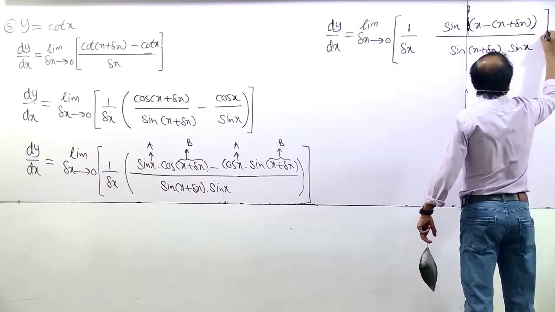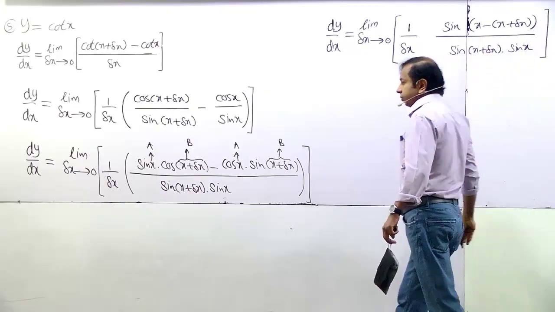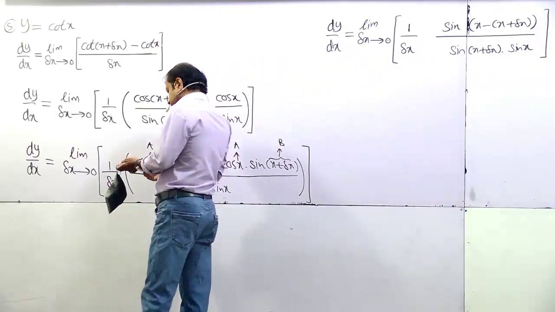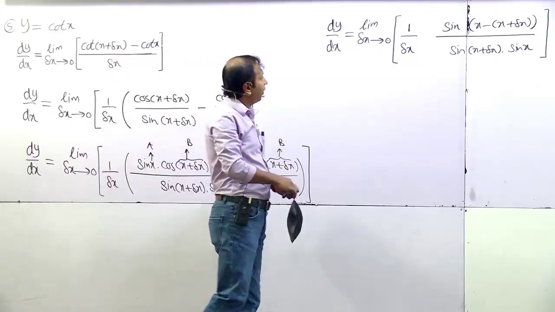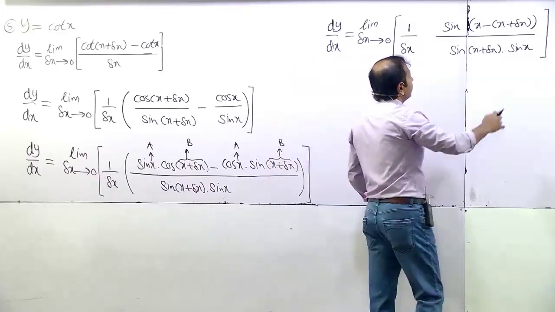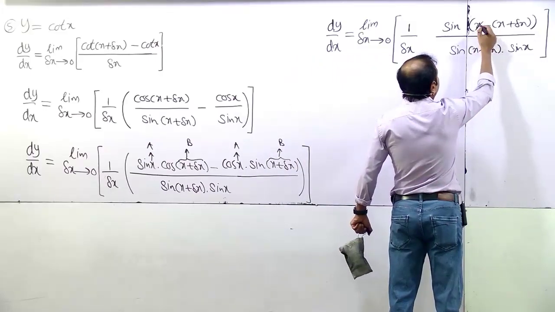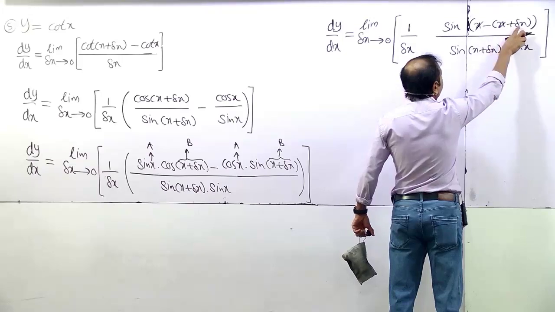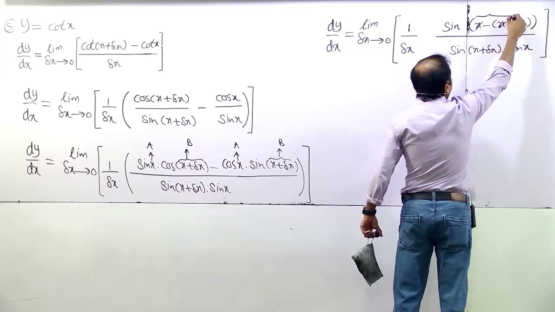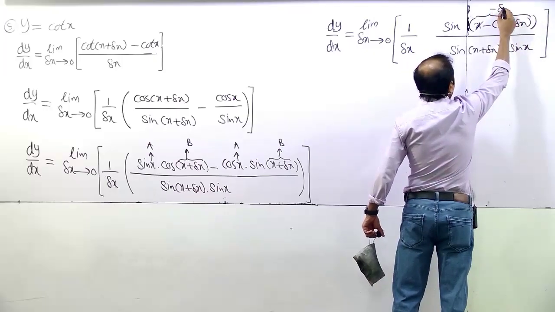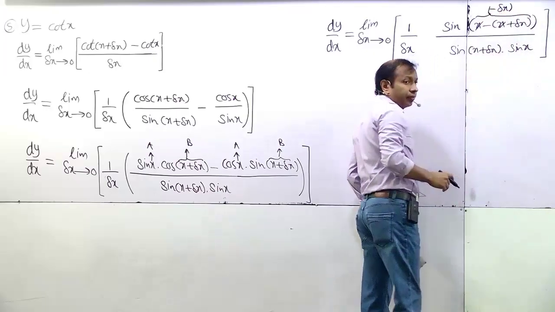This way we have. Now, when you simplify here, this x and this minus x we can cancel down, but this delta x will be minus. Then here we get minus delta x, right, as the simplified answer inside the bracket of the angle.